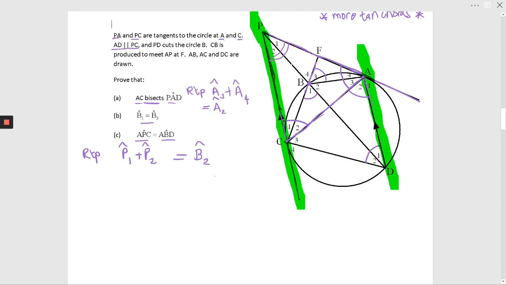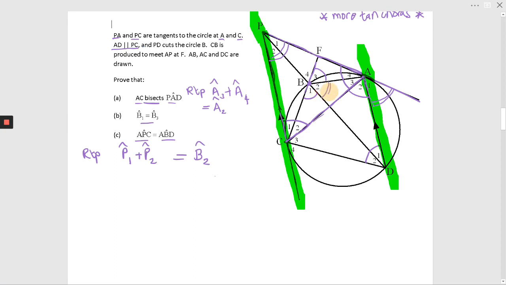So where are they equal to something to do with the parallel lines? Do you see there that A1 is corresponding? So that's helpful. I want to now see about A1, and here's where my more tan chords are going to come in. A1 is the same as the angle subtended by AD.